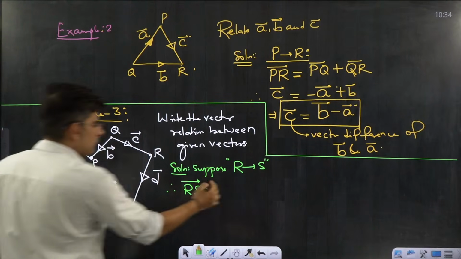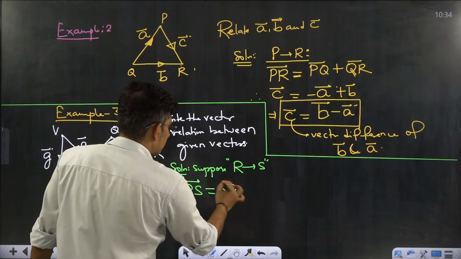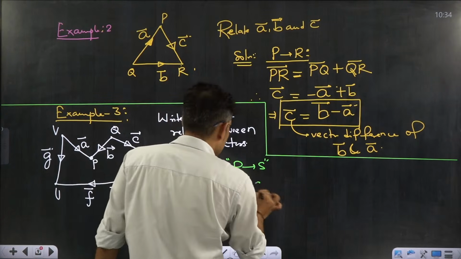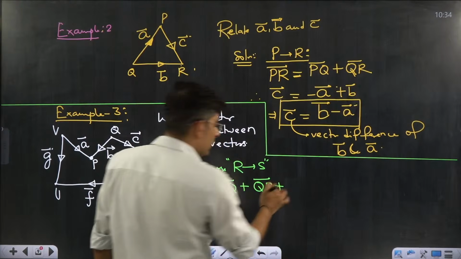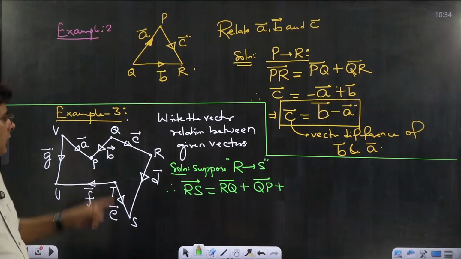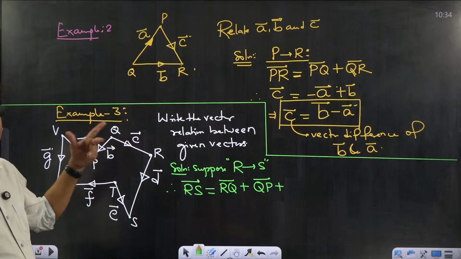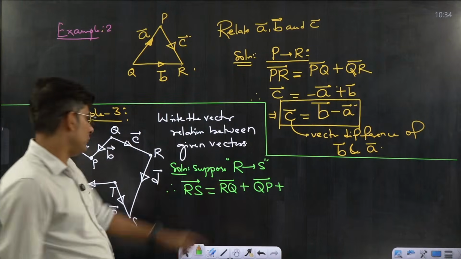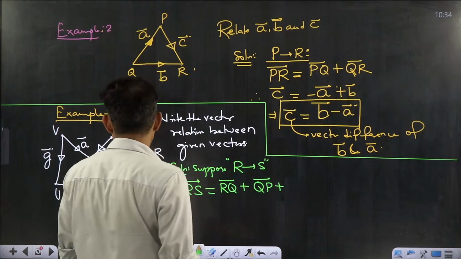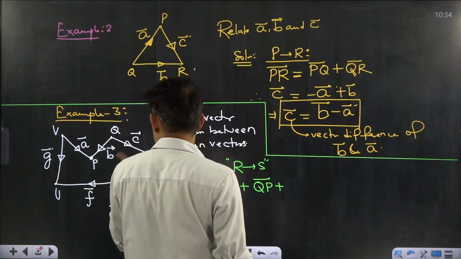So R to Q, then Q to P. I told you there is no bondage that you have to use RS only. You can take any point and whichever direction you want. It is totally up to you. You will always get the same answer. RS equals RQ plus QP.